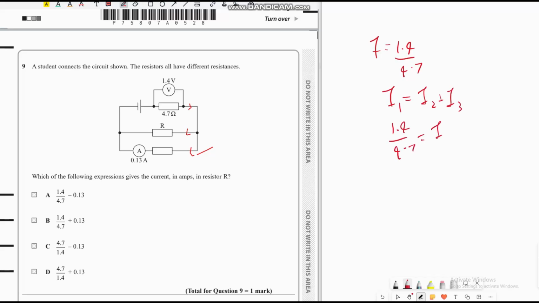I2 is what we do not know. I3 is given here as 0.13. Taking this variable to the other side, I2 equals 1.4 divided by 4.7 minus 0.13, which is answer A, isn't it? Answer A.